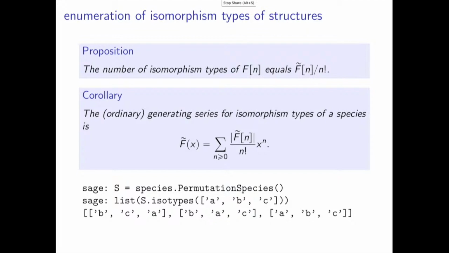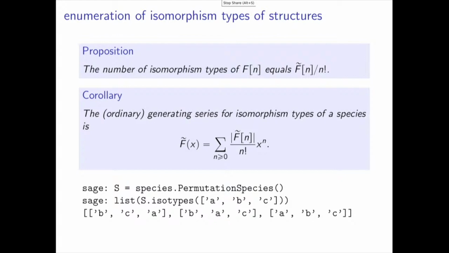There should be vertical bars here, I mean the number of tilde structures. And then you get the so-called ordinary generating series, which we denote as we should. And of course, this is also implemented in Sage.